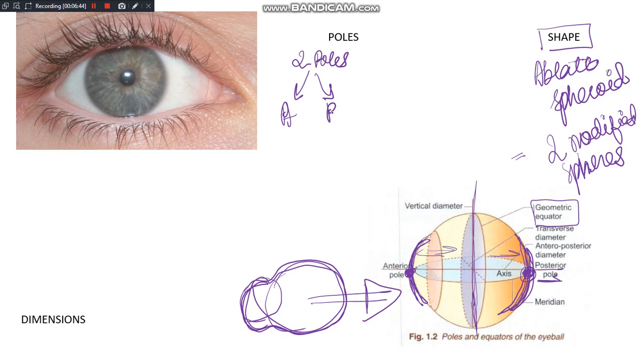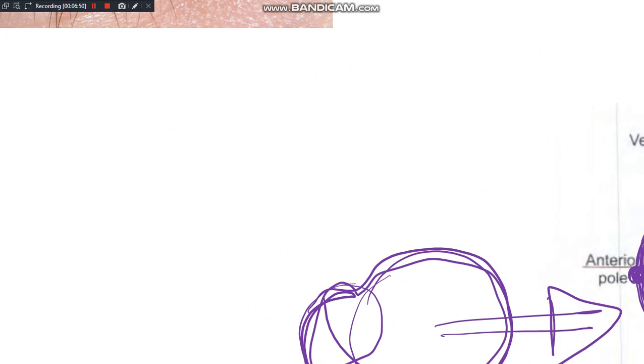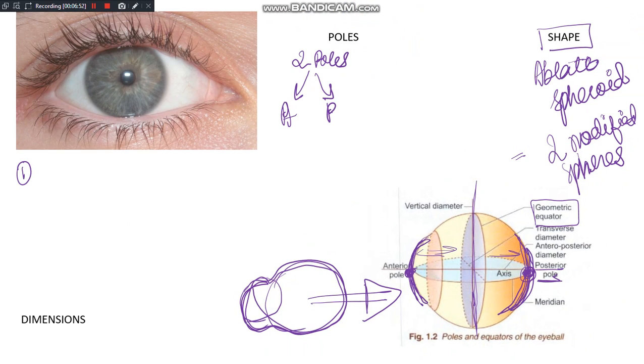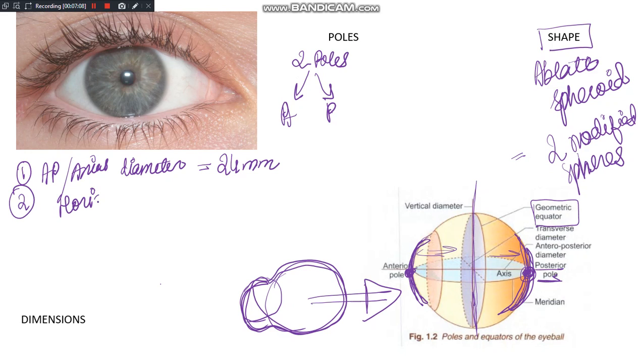Fine. Now talking about the dimensions, there are a few dimensions which are important here, and I would like to mention them. Firstly is your antero-posterior or axial diameter, which is equal to 24 mm. Then secondly is your horizontal, or you can say transverse diameter.